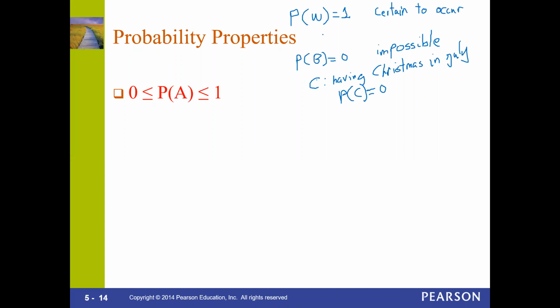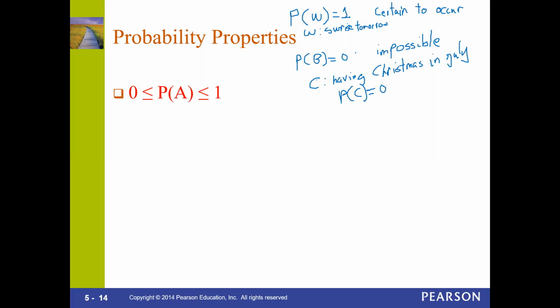Suppose W is the sunrise tomorrow. What's the probability of a sunrise tomorrow morning? Whether you like it or not, there will be a sunrise tomorrow. Whether you're here or not, there will be a sunrise. So that means this is certain to occur.